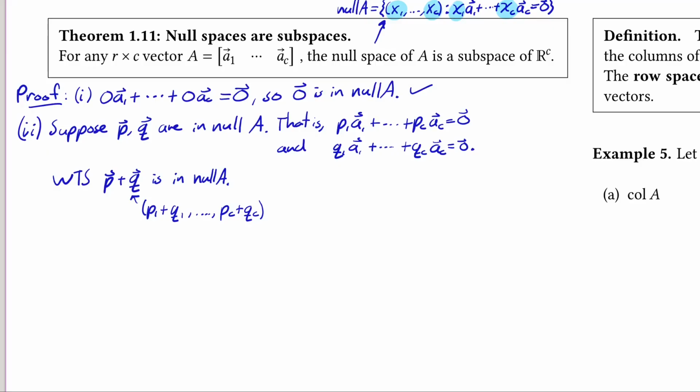Well, let's see. If we do P1 plus Q1 times A1 and the rest of the way through the rest of the components, do we get 0? I claim that yes, we do, because what you can do is use the distributive rule to distribute the A vectors into each of these.